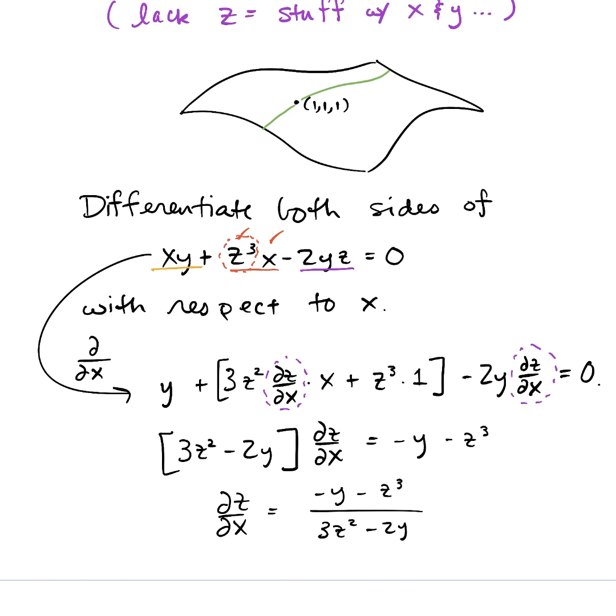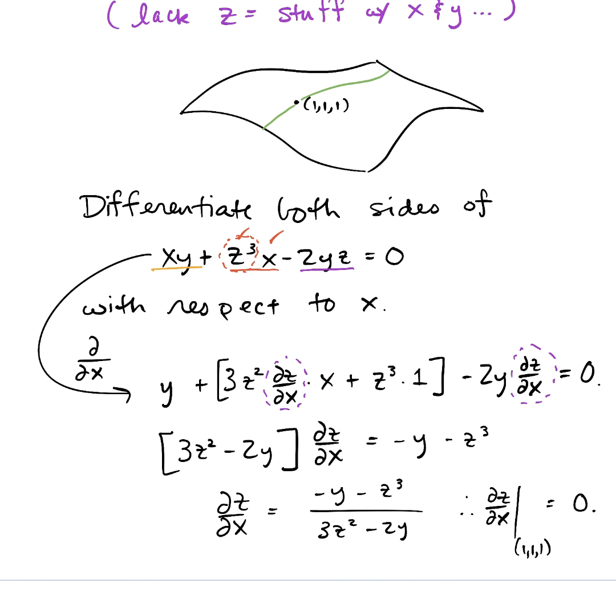And in particular, if you wanted dz dx specifically at the point 1, 1, 1, you just stick 1, 1, 1 in for x, y, z, and you can see that the answer is 0 over 1, so 0. So this surface is actually flat as far as x is concerned at the point 1, 1, 1.